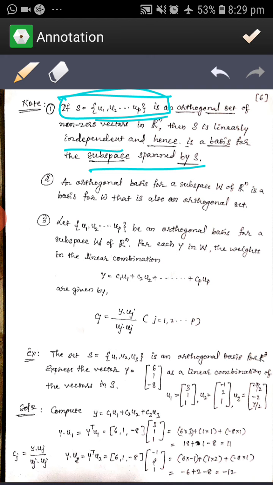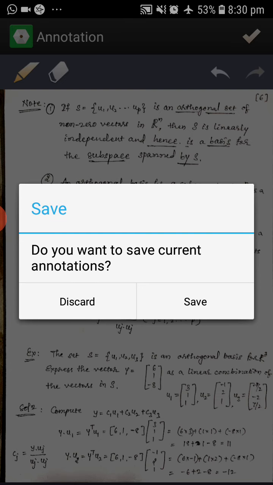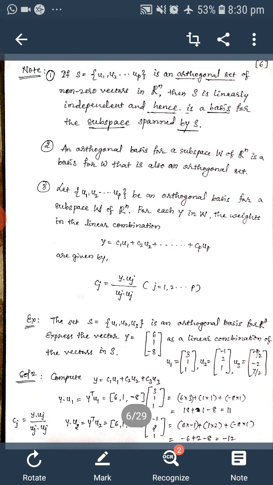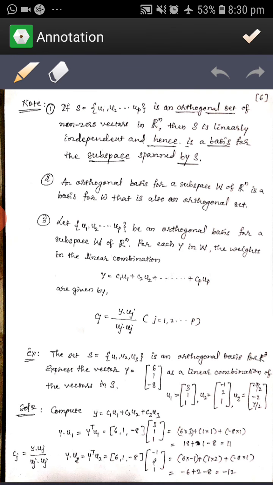Similarly, an orthogonal basis for a subspace W of Rn is a basis of W that is also an orthogonal set. It is the same thing in a different way: if it is an orthogonal set, then that vector set is a basis for the subspace.